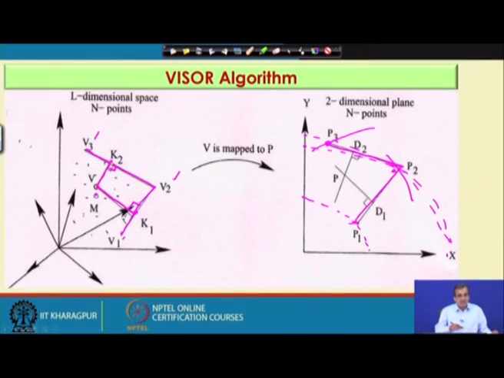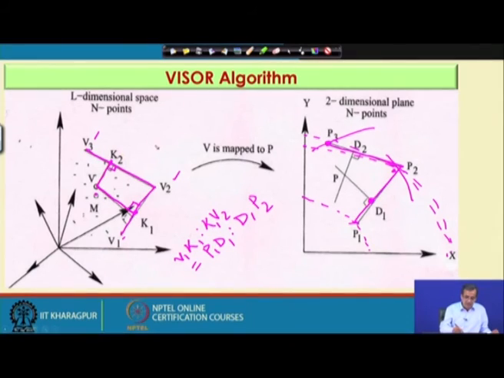Once you have got K1, I can find out the ratio V1K1 to K1V2, and we keep the same ratio here, P1D1 to D1P2. Following this relationship, we try to locate the point D1 on P1P2. The same principle we follow here also, so we have got this particular point K2.